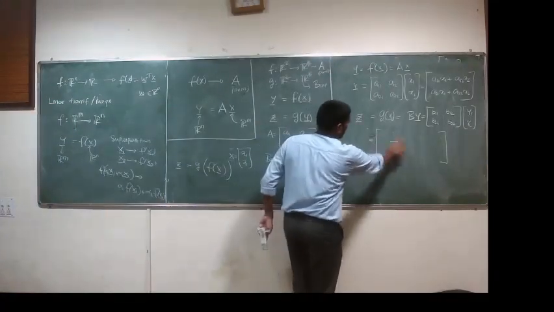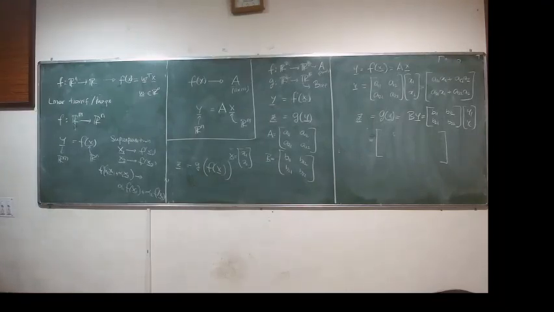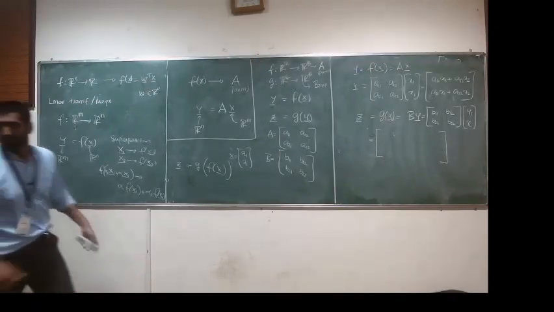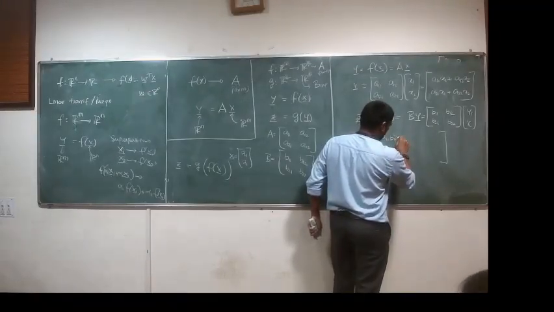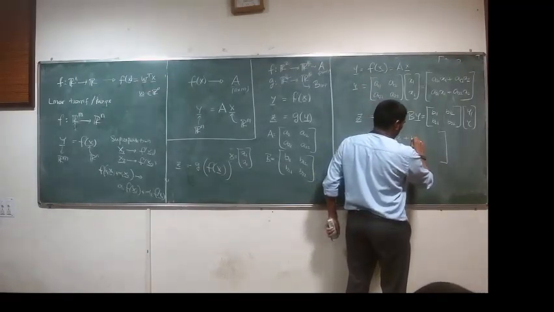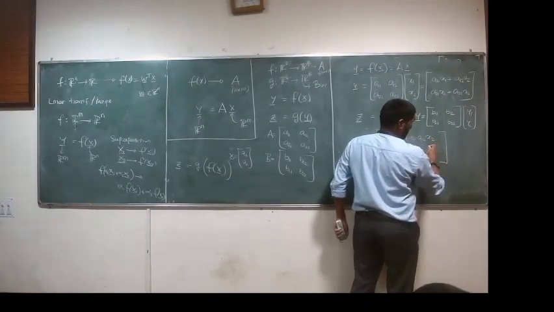We'll get two elements, Z1 and Z2. Tell me what is Z1 first and then Z2. How many?